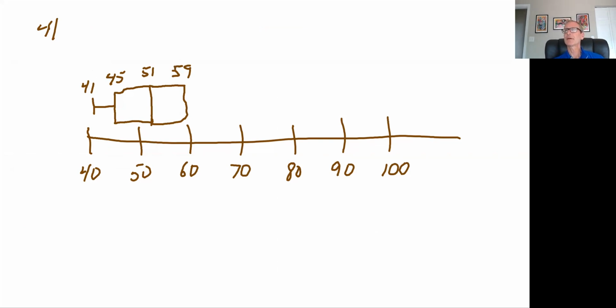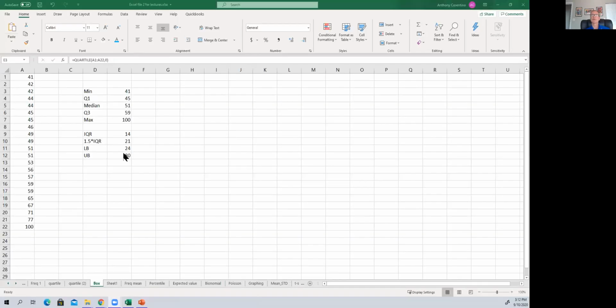I would recommend doing that. And then the second thing is our upper bound, which is the number 80. So we can't use any numbers greater than 80. So 100 is what's considered an outlier. So this book likes us to leave that out of the plot.